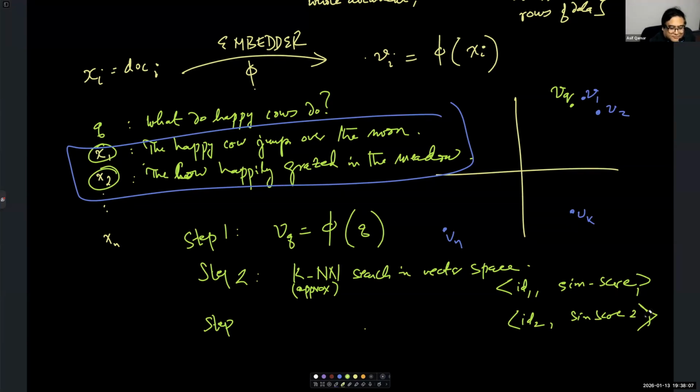So think about this. What is a good measure of similarity score? If this is the angle theta, a very obvious measure of similarity is cosine theta, isn't it? If these 2 points are sitting on top of each other, the angle is 0. What is the cosine of 0? 1.